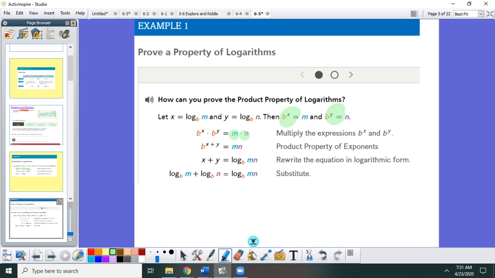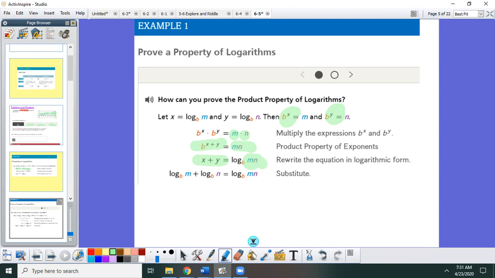Thinking back to our product property of exponents, we're multiplying like bases so we can add the exponents. Now, all they've done on the right-hand side is just gotten rid of the multiplication symbol. When we rewrite that in logarithmic form, we pull our x here and we have a log base b and we have our argument of mn.